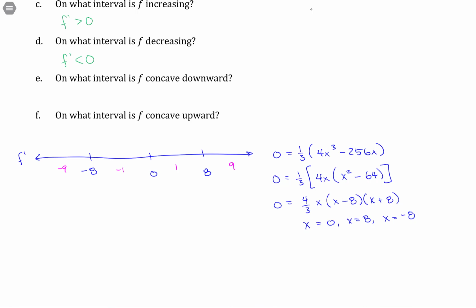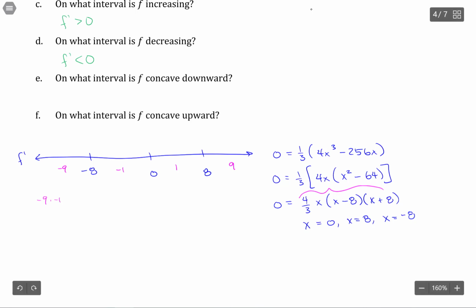Okay, then next up, I'm going to take these values, plug them into the derivative, and see if I get something that's positive or negative. So if I put in negative 9, the 4/3 doesn't matter because it's positive. It's not going to change the sign on anything. So I have negative 9 for the x.